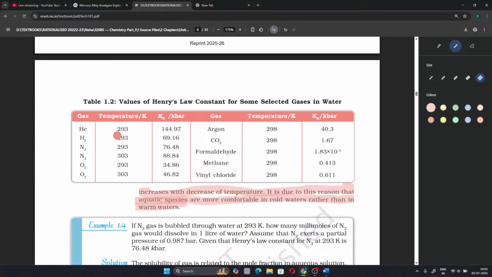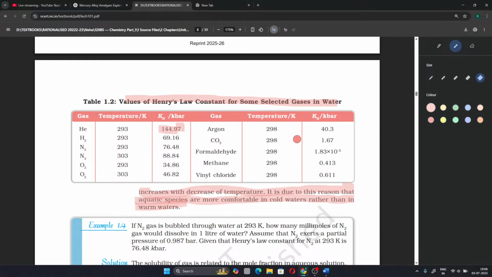And here we see helium has the highest KH value. This is the value of Henry's law constant KH for some selected gases in water. In case of helium, KH in kbar is 144.97, which is the highest we see in this table, so helium has the least solubility.